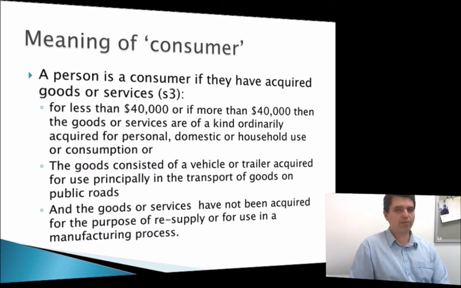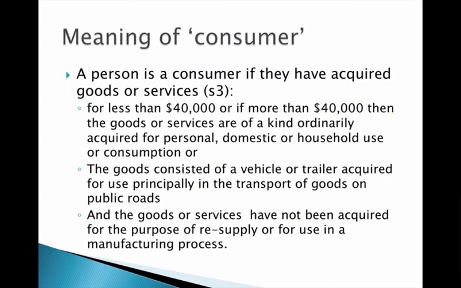The only problem you'll have is if you're going to resell that dishwashing liquid. If you've bought dishwashing liquid to resell, and it could be $20 of dishwashing liquid to resell, then you won't be considered a consumer because the goods or services were acquired for the purpose of resupply.